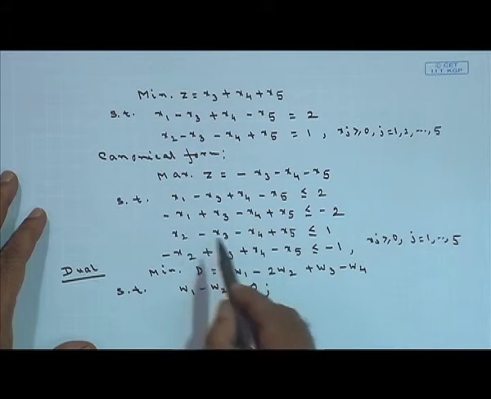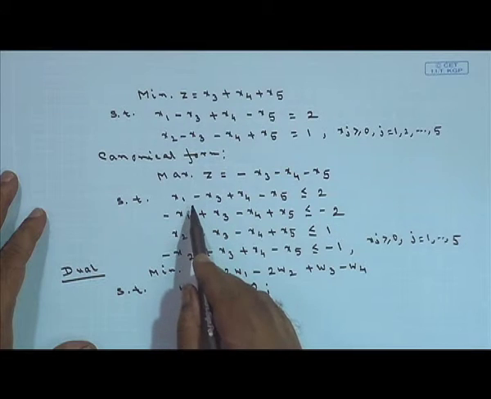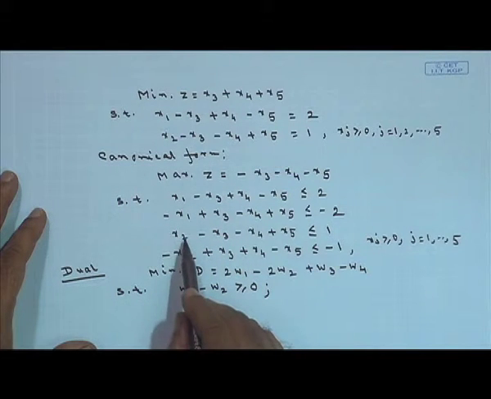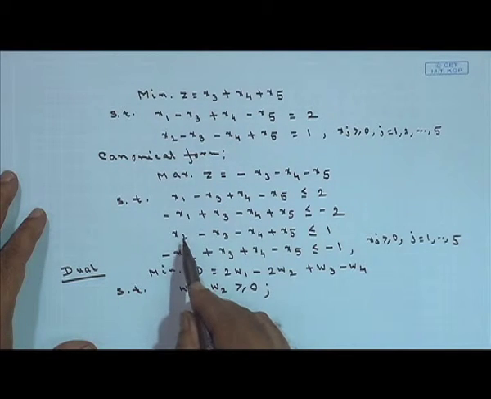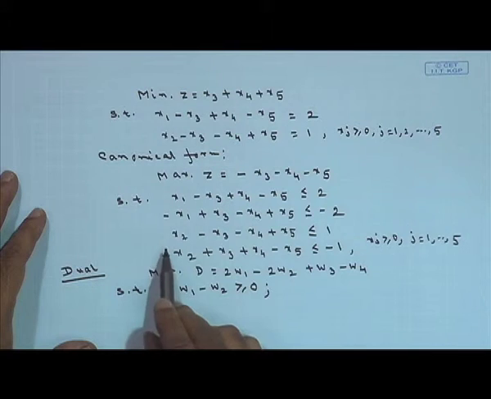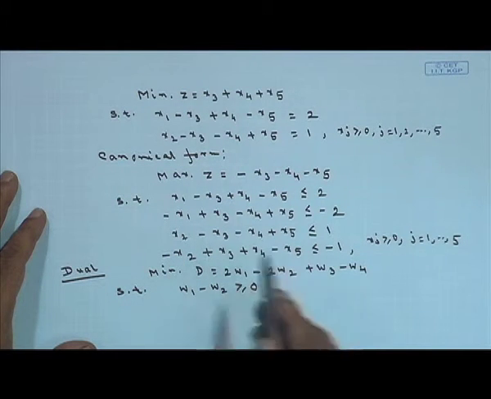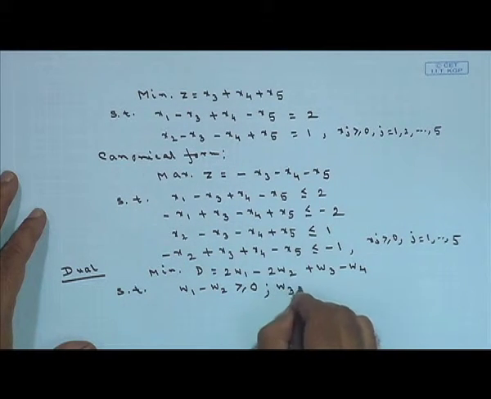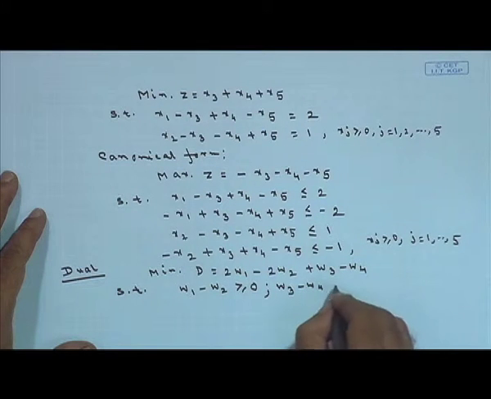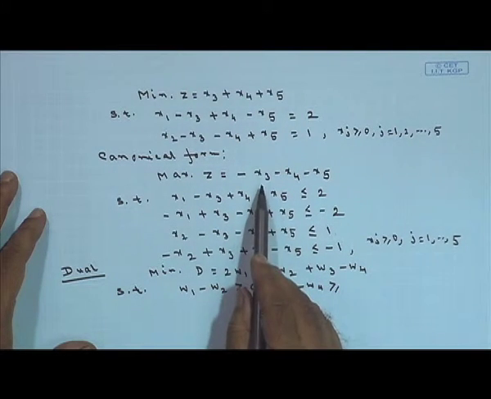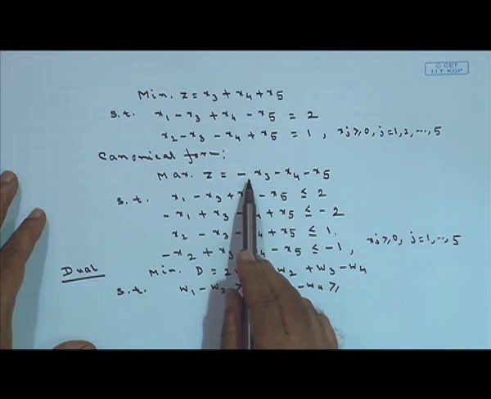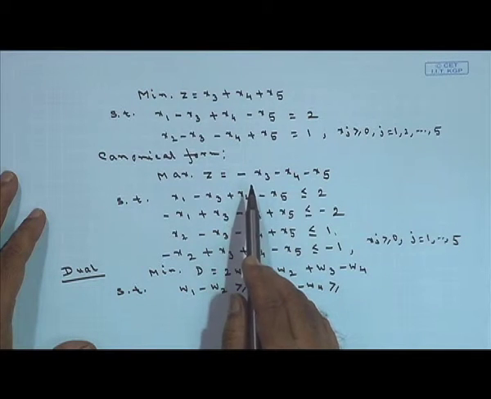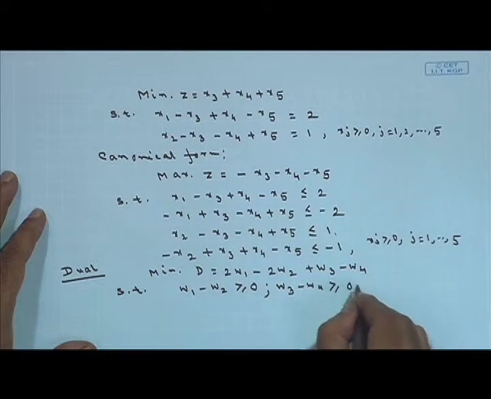Next, I have to take the coefficients with respect to the variable x2. x2 is coming in 2 places, the third and fourth constraints. So, it corresponds to w3 and w4. So, it will be w3 minus w4, greater than or equal to; again, x2 is not present in the objective function, so the coefficient is 0. w3 minus w4 greater than or equal to 0.